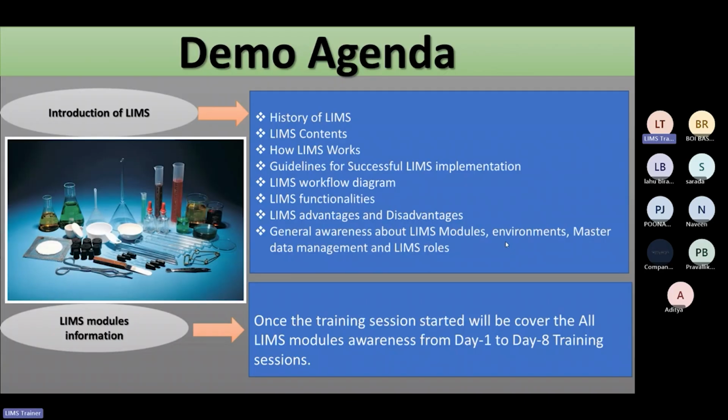So these are the different environments. Then comes the master data: what it is and its requirement, which I will explain in detail in further slides. And different LIMS roles, such as the hierarchy of the end users and the management working with the LIMS software, which I am also going to explain.